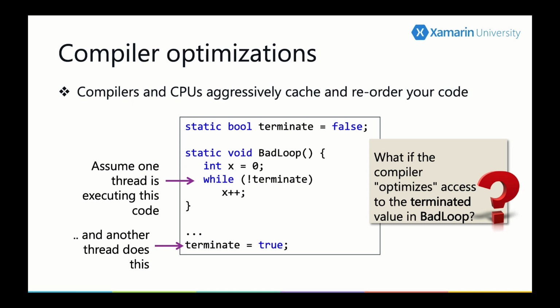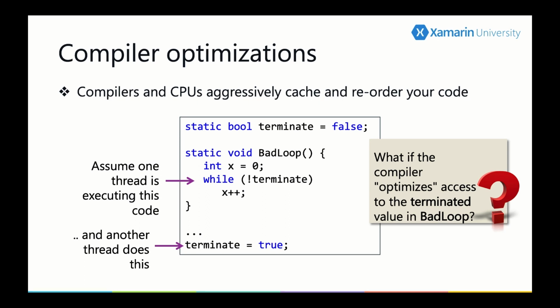So I will never be able to reach the line where terminate is being set to true. And so the compiler is going to incorrectly optimize this. It says this loop can never end, and it's just going to eliminate it. As a result, if you run that code, your second thread can set terminate to true as often as it likes to. The loop is never ever going to terminate.